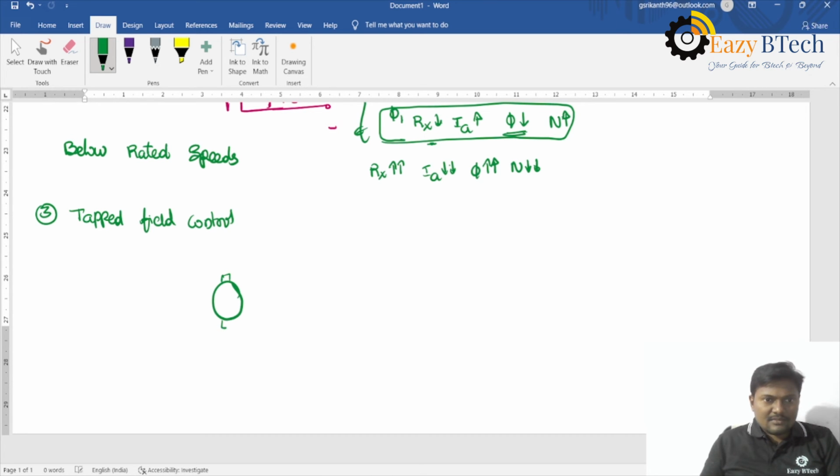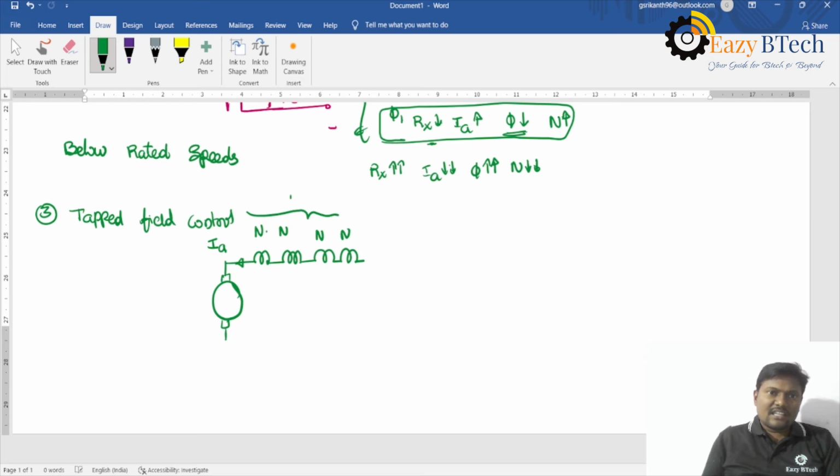I am connecting a number of turns like this. Suppose the current drawn is Ia. It has an equal number of turns. If the total is n, and that is divided into 4 sections, n by 4, n by 4, n by 4, and n by 4.